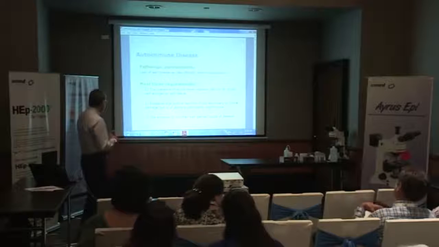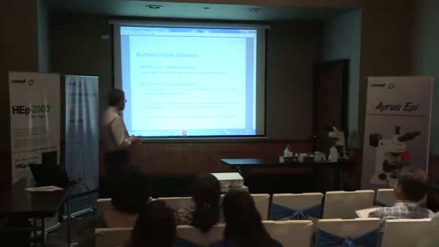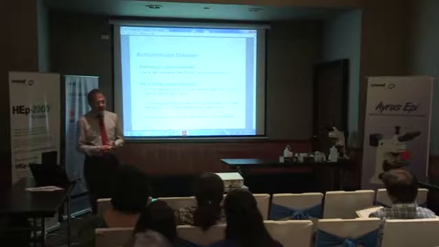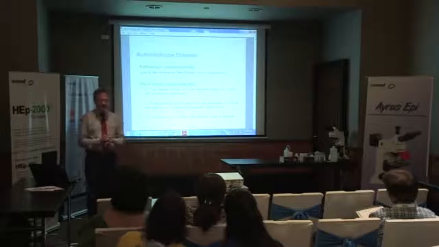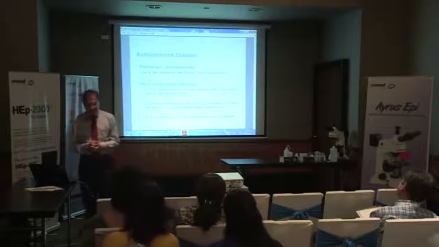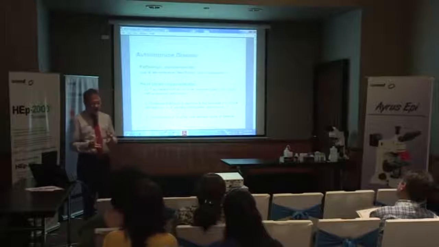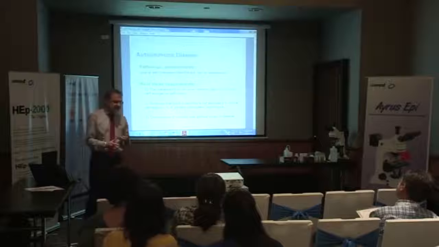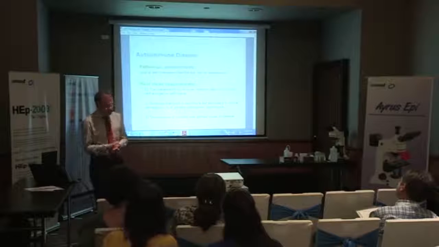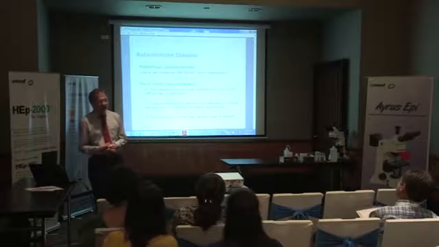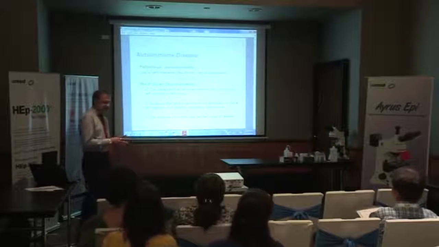Number two, there is evidence that such a reaction is not secondary to tissue damage occurring because of some other reason; it must be the primary reason for tissue damage. And number three, there is no other cause of that tissue damage. If we meet these three, then a diagnosis of autoimmune disorder can be made. So these are the three basic criteria.